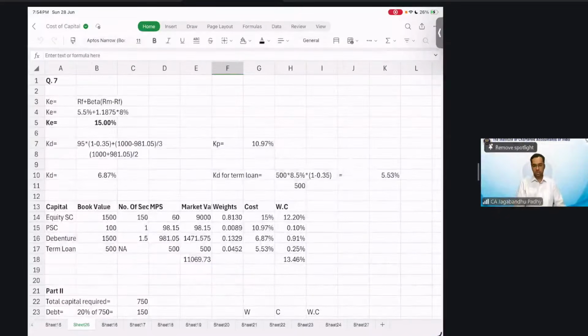Just check. You're getting cost of equity 15%, cost of debt 6.87, cost of preference share 10.97, and cost of debt for term loan is 5.53%. Just verify this, guys.